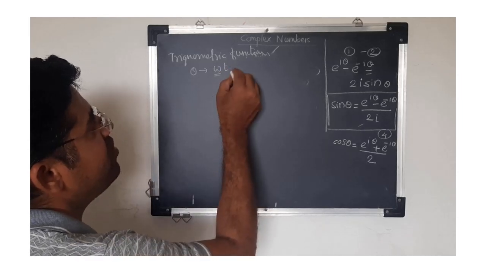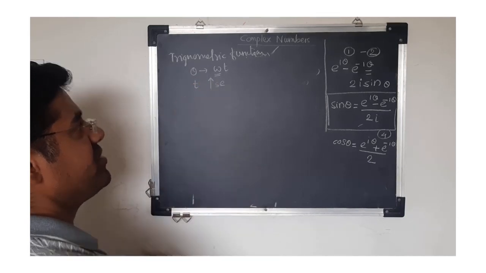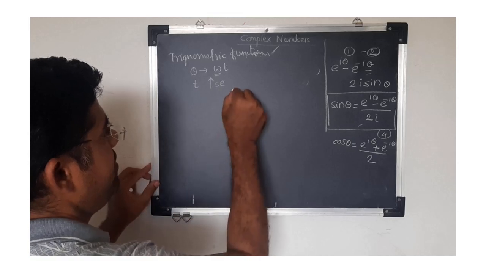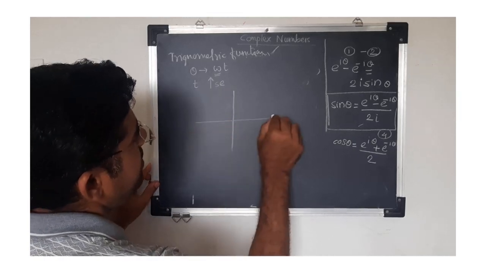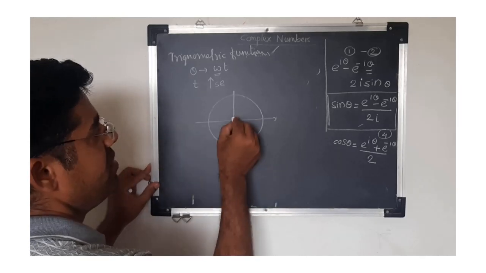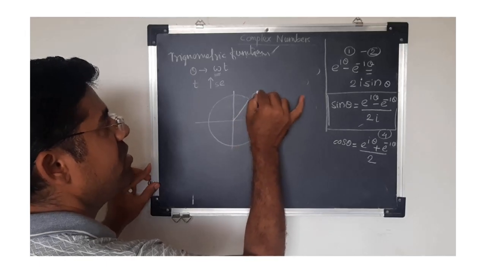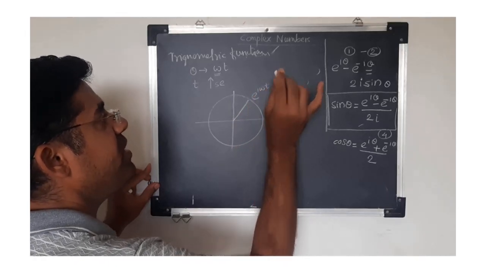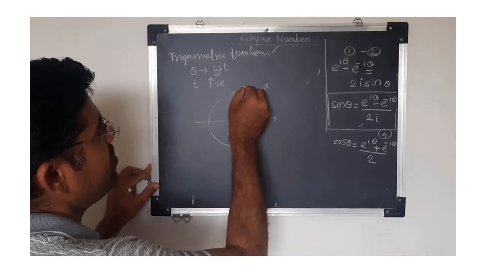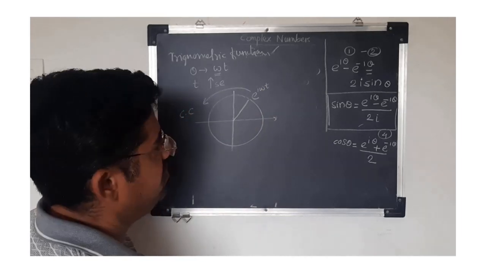As t goes on increasing, e raised to i omega t rotates in the counterclockwise direction.